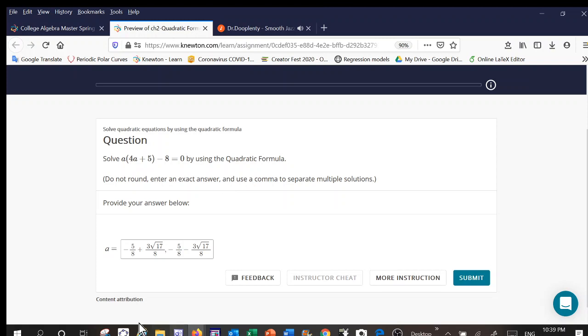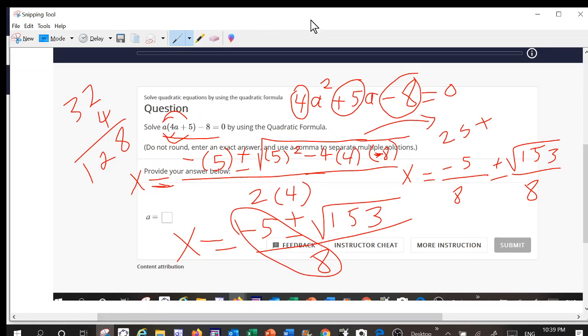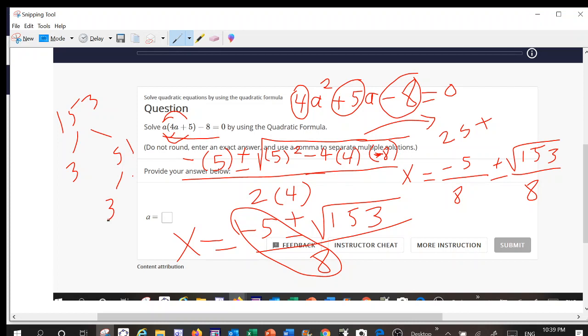Now, if it's possible to simplify square root of 153, we could do that. So what is the square root of 153? Well, 153, is it divisible by 2? No. Is it divisible by 3? Yes, it's 51. And 51 is divisible by 3. What's times 51?